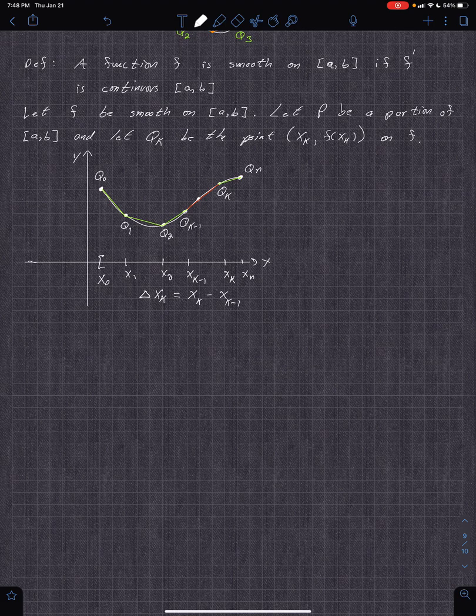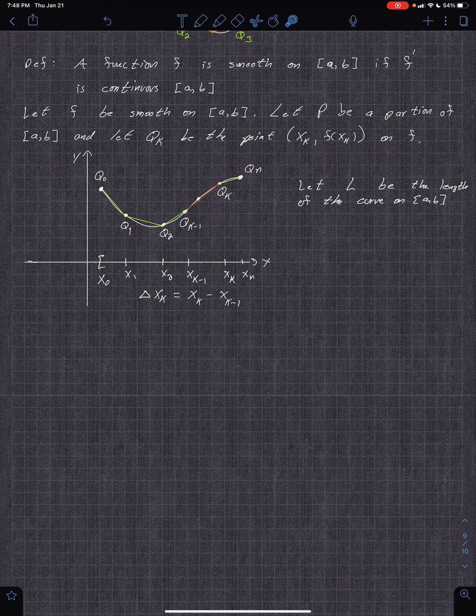Where am I at? All right, so then let L be the length of the curve on AB.